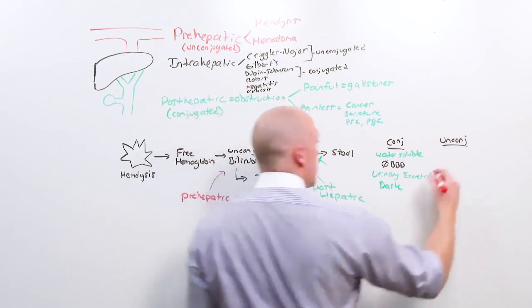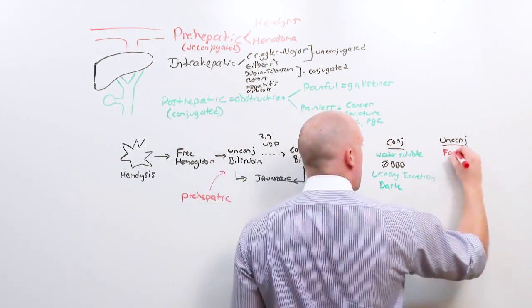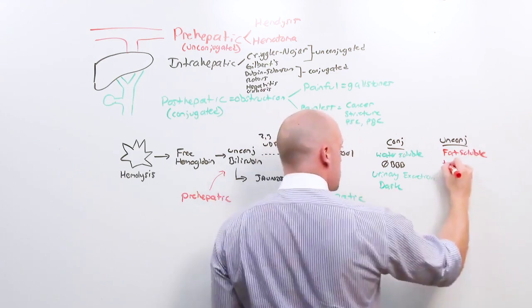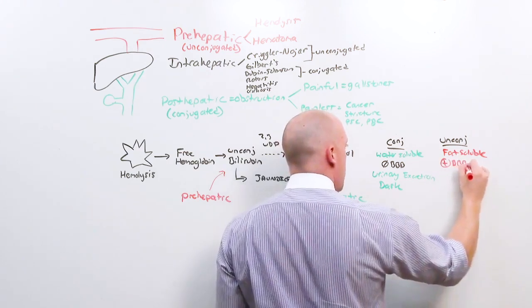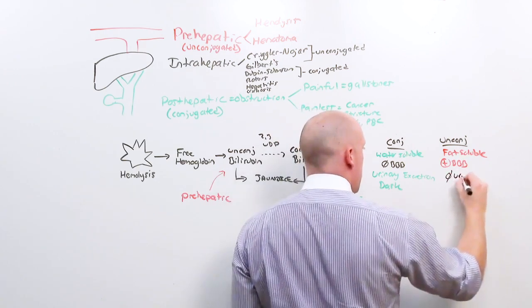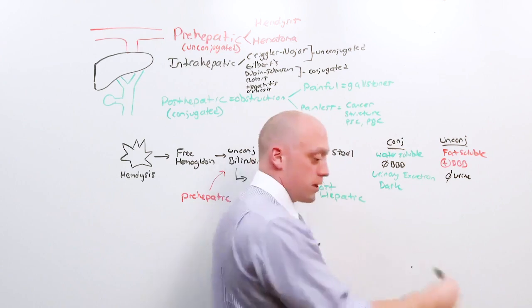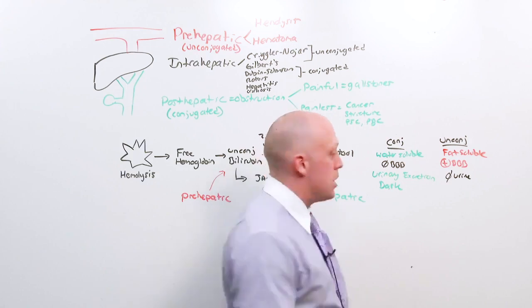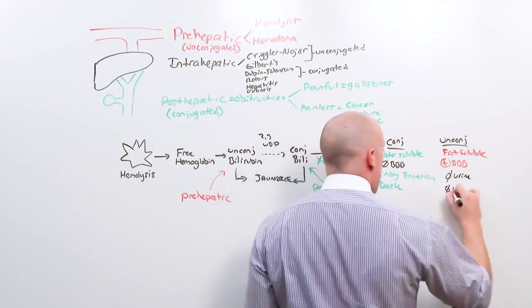Unconjugated bilirubin, on the other hand, is fat soluble, and so it can cross the blood-brain barrier. And it is not able to be excreted in the urine. Since if it gets into the urine, it can pass right through a lipid bilayer, it can simply go back into the bloodstream, so the urine will not be dark.